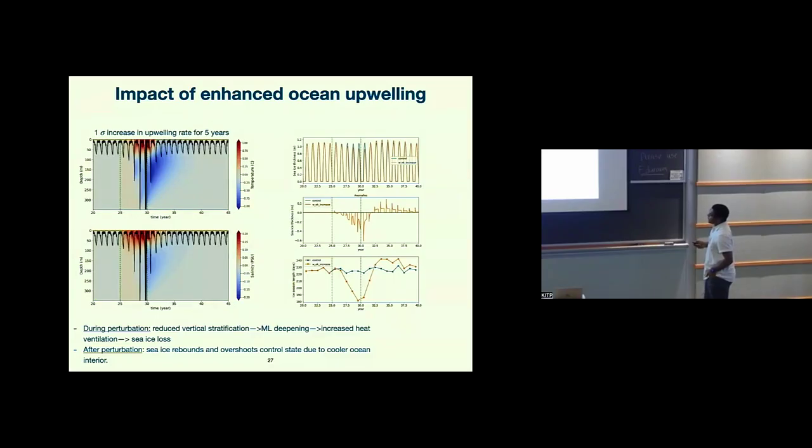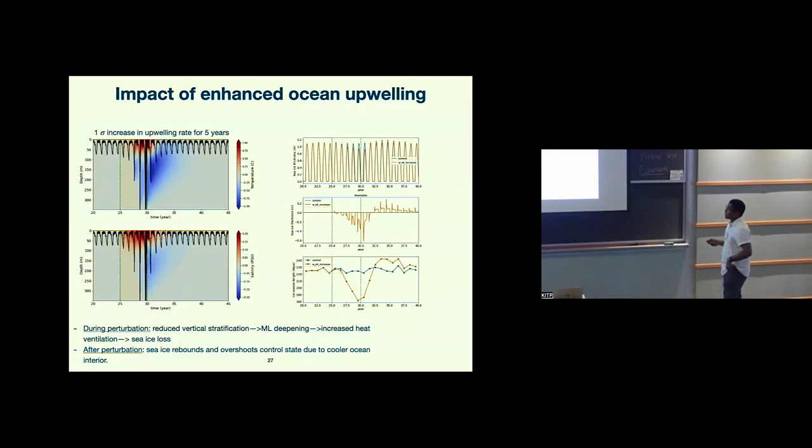And so what you can see is that during this upwelling period, you get a warming in the upper ocean, and more importantly, an increase in salinity. And this increase in salinity is what is really critical. Because as you upwell high salinity water, it accumulates in the mixed layer, it reduces stratification. And then what happens is that you can ventilate more easily, and so your mixed layer deepens.